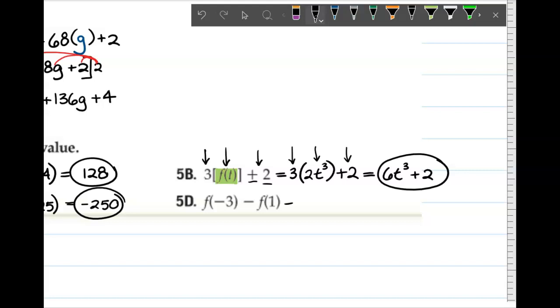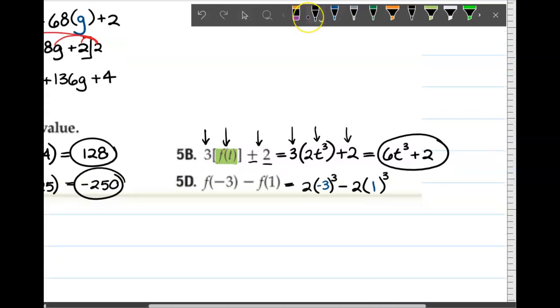And then finally, we want to do f of -3. So I wrote my f of t function, but I took out t, left a parking space, and put in -3 minus f of 1. I'm rewriting f of t. I take out t and put in 1.